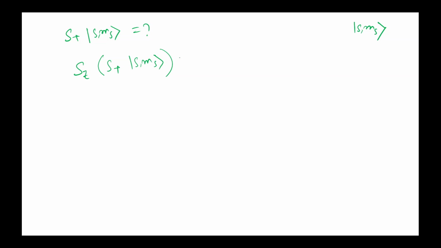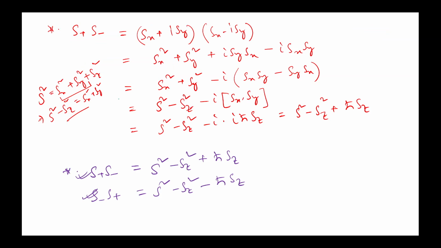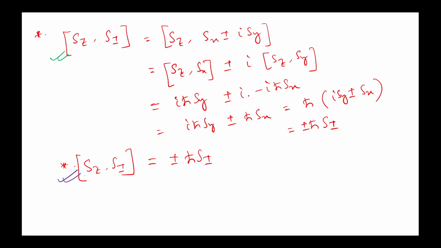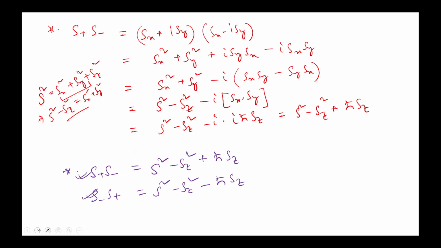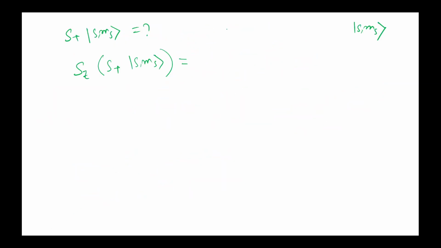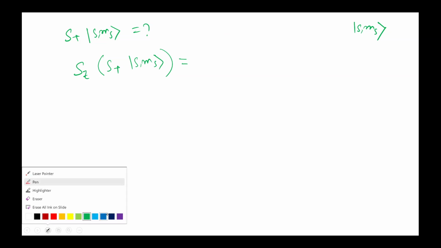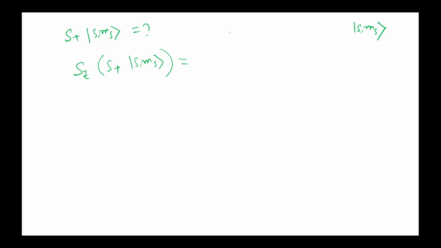Here we can use this relation, that is the Sz and S plus minus commutator. So you have the commutator of Sz and S plus minus equal to plus minus ħ S plus minus.